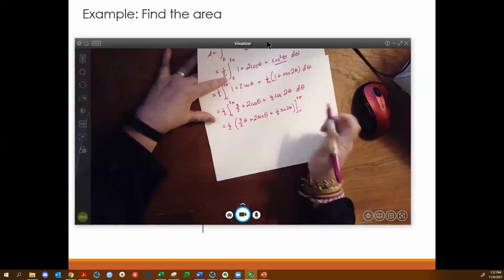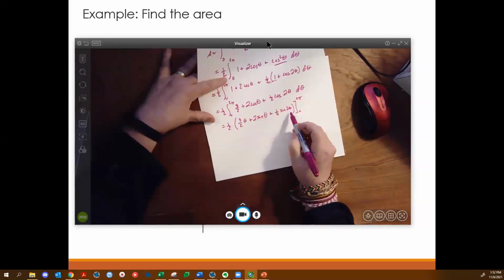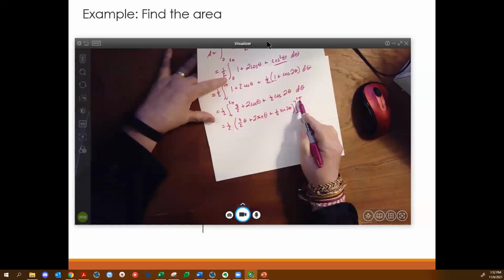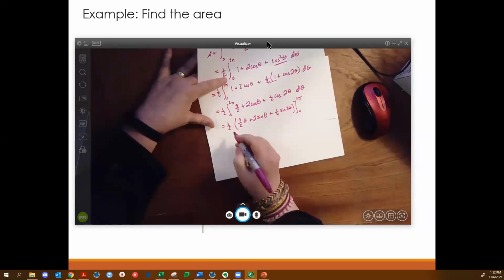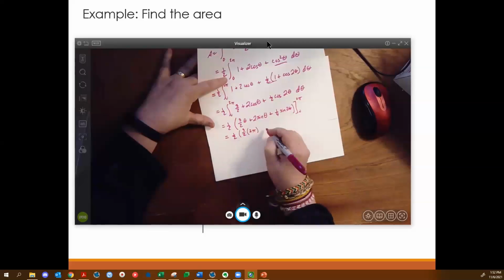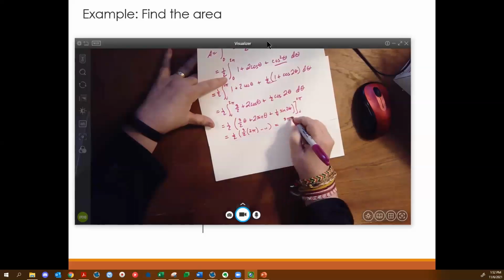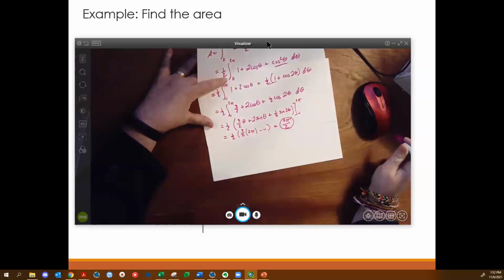Now, sine of 2 pi or 4 pi or any integer multiple of pi is just going to be 0. So these things are going to go away when I put in 2 pi and when I put in 0. The only thing that's going to survive is 3/2 times 2 pi, minus 0. So I have 3 pi over 2 as my area.